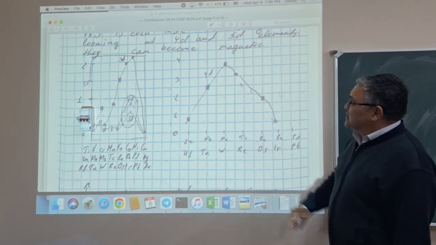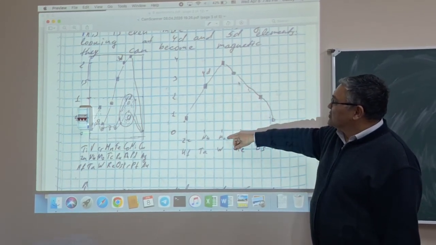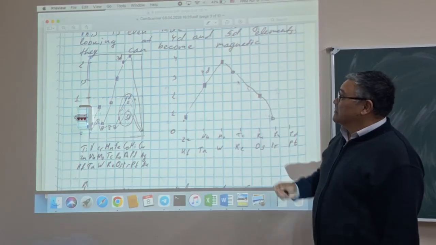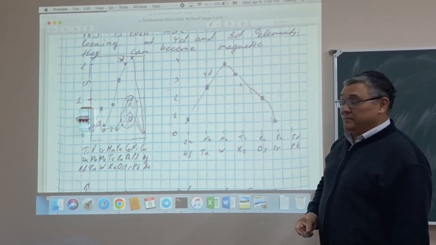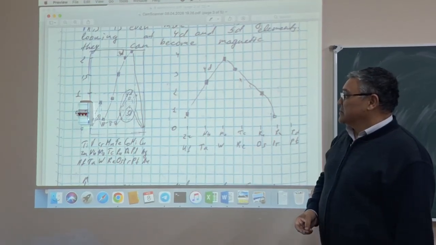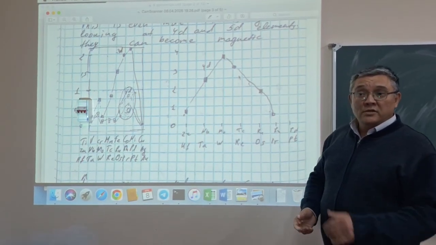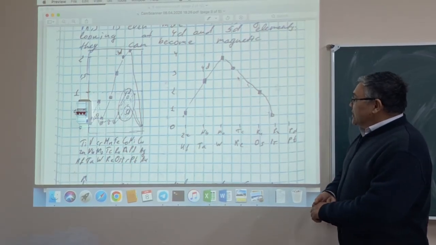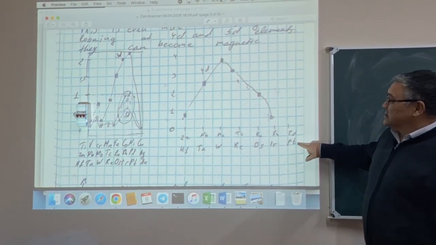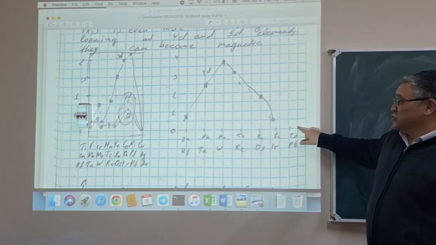We will have this picture here, and only for molybdenum do we have a large magnetic moment, corresponding to the adatom. This adatom was created on the surface of silver. Whereas in the case of palladium and platinum, these magnetic moments are equal to 0.